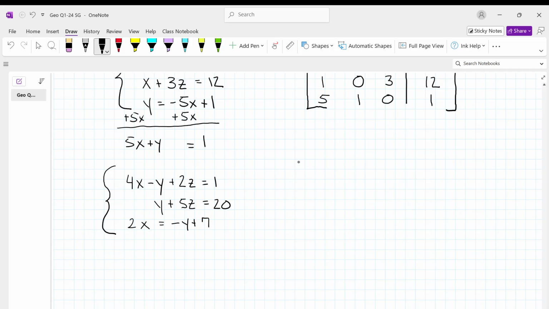When we write this matrix, in our first row, we got a 4, a negative 1, 2, equal sign, and a 1. In our second row, the coefficient for the x is a 0, then 1, 5, and 20.